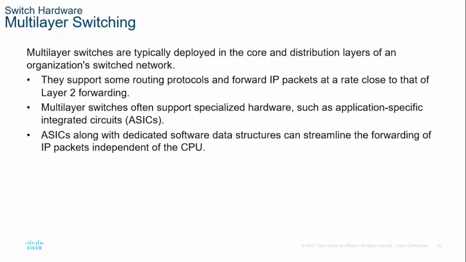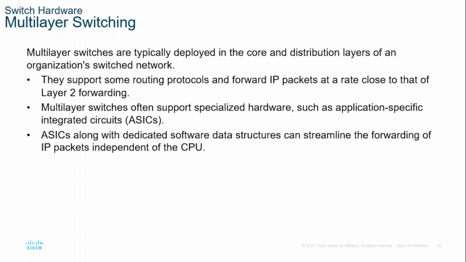Okay, the multilayer switches. Multilayer switches are typically deployed in the core and distribution layers of an organization's switched network. A multilayer switch is characterized by its ability to build a routing table, support a few routing protocols, and forward IP packets at a rate close to that of layer 2 forwarding.